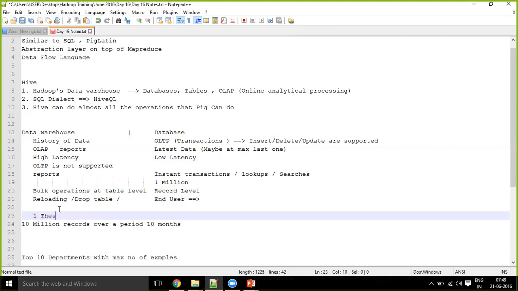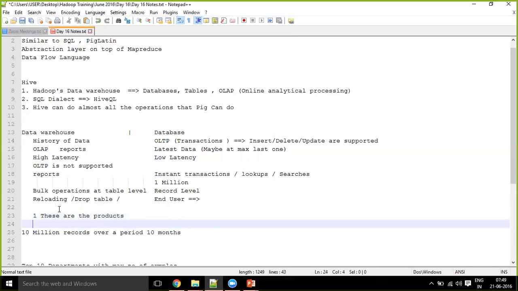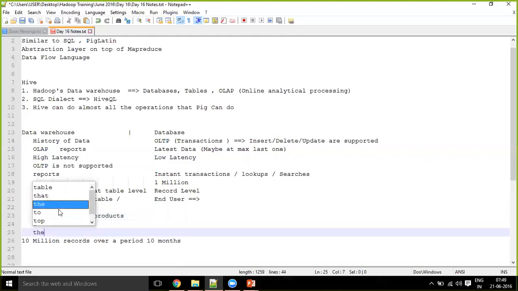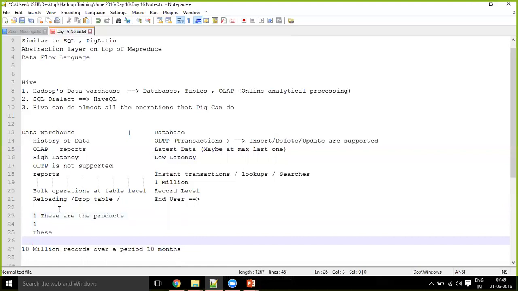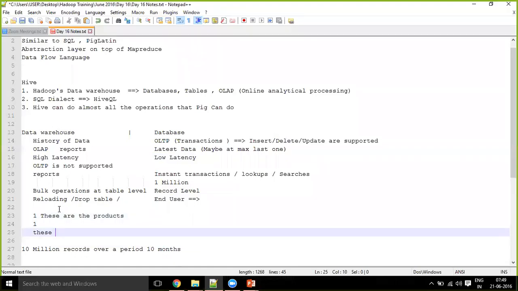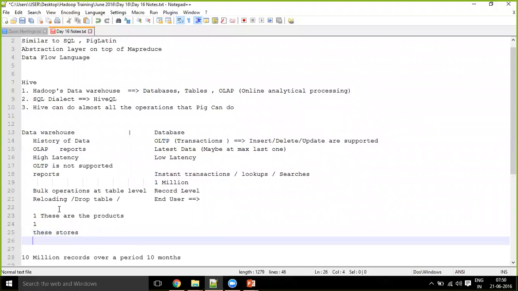These are the products that are performing very well, and these are the products that are not performing well. And these are the stores that are performing well. Okay, from these stores, you have lots and lots of sales. And during these seasons, periods or weeks, you have high sales.